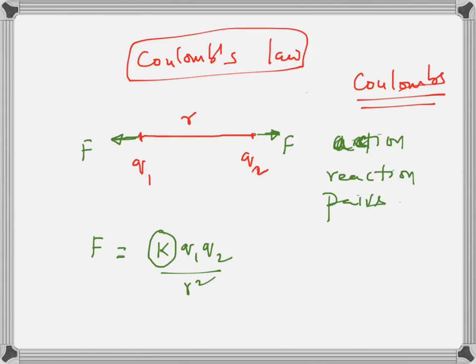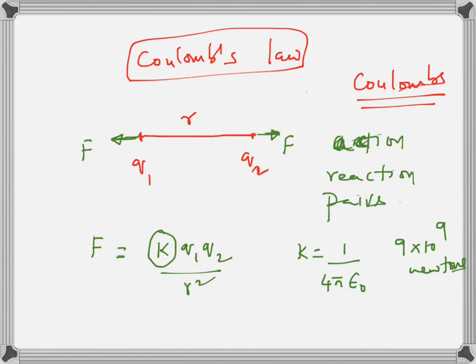The value of k here in electrostatics depends on the medium. For example, generally we write this k as 1 by 4 pi epsilon naught for vacuum, and its value is 9 into 10 power 9 newtons.